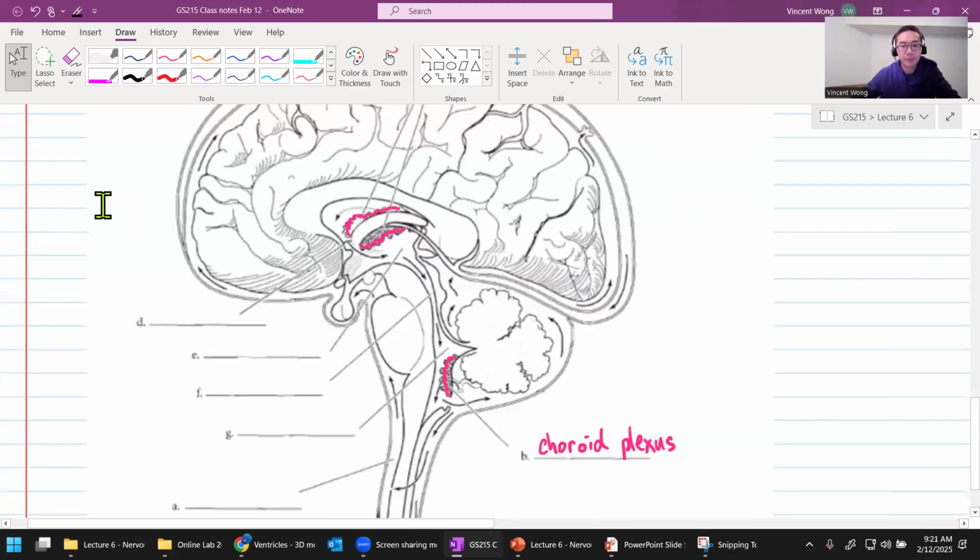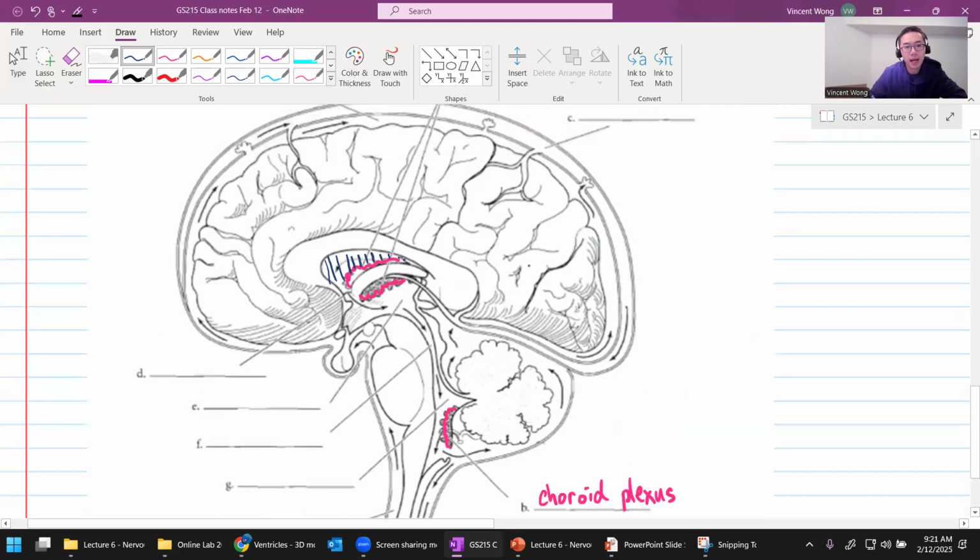Now, over here, this little gap, what is that? Can someone tell me? That's right. That is the lateral ventricle.